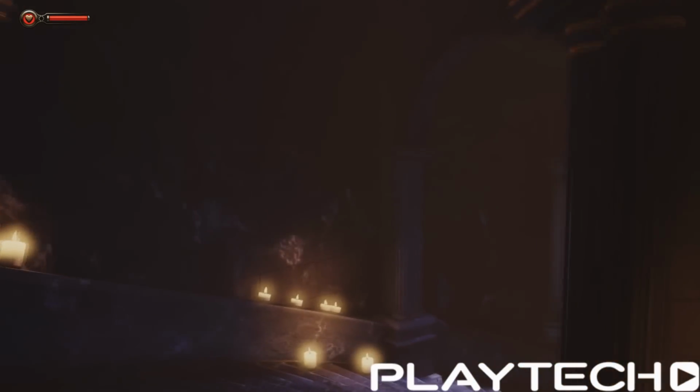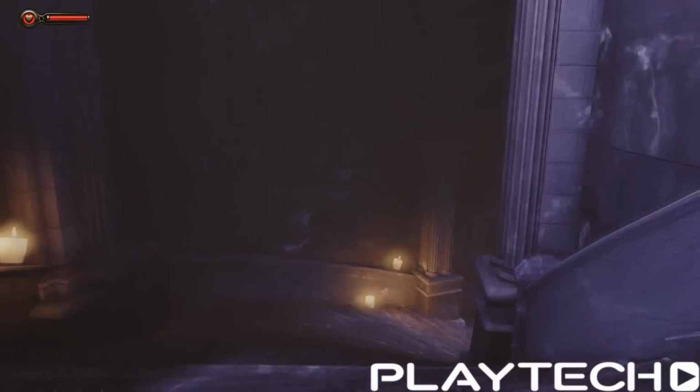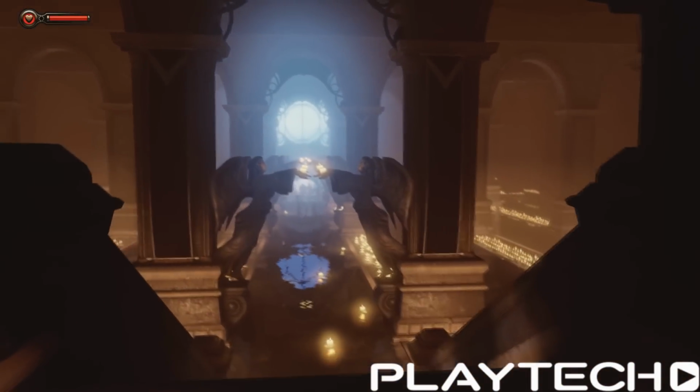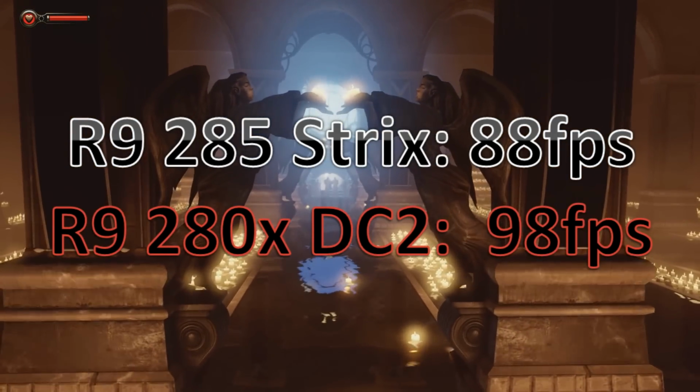And lastly, Bioshock Infinite. This is everything maxed out, 1080p. The R9 285 scored 88 frames per second average. The DirectCu2 R9 280X scored 98 frames per second average, so 10 frames better.